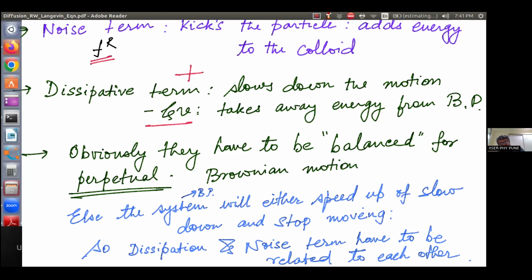So it's neither speeding up nor slowing down, which means that these two terms, the kicking and the dissipation force, have to be balanced. In some way, the energy lost is to be balanced by the energy gained, right? Else the system here, the particle under observation, the Brownian particle, wouldn't do Brownian motion. That's what I mean by the system. Of course, the system actually means the Brownian particle in a bath of fluid particles.